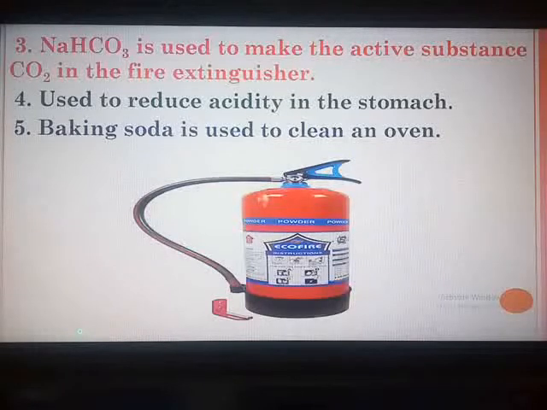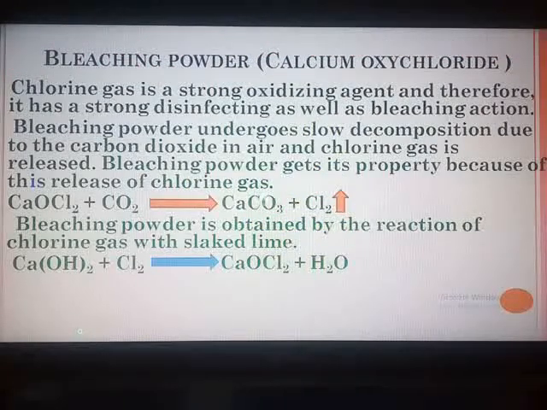Now let us move towards the third salt, that is bleaching powder or calcium oxychloride. It has the molecular formula CaOCl2, calcium oxychloride.